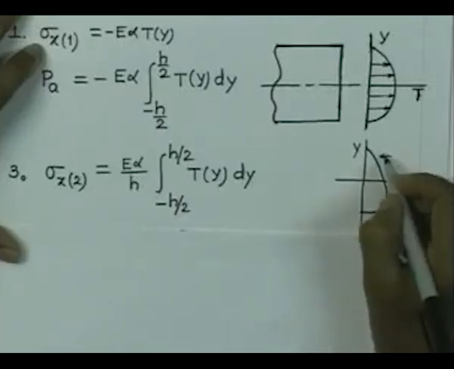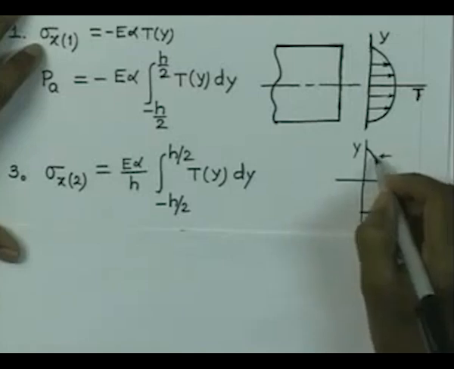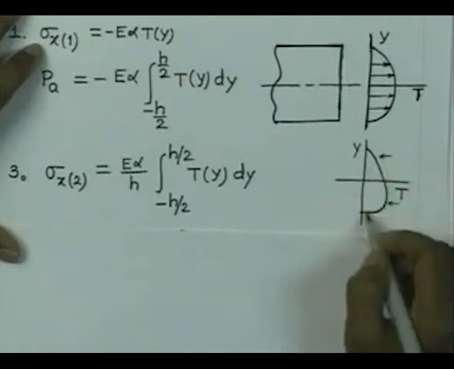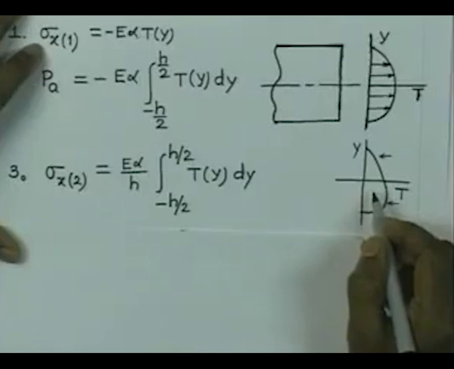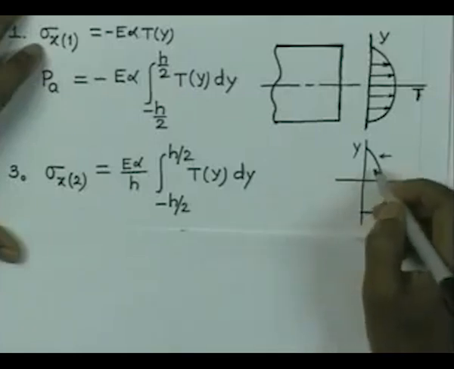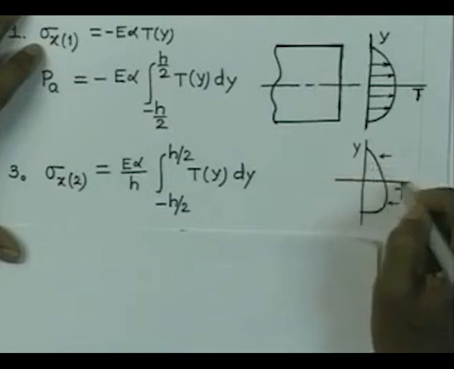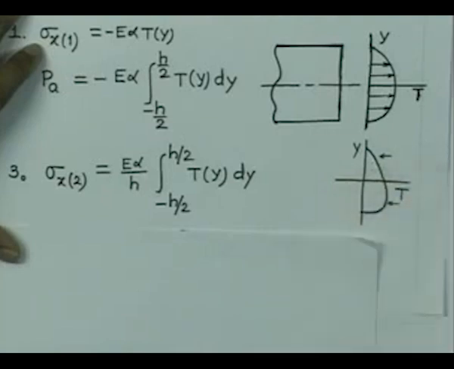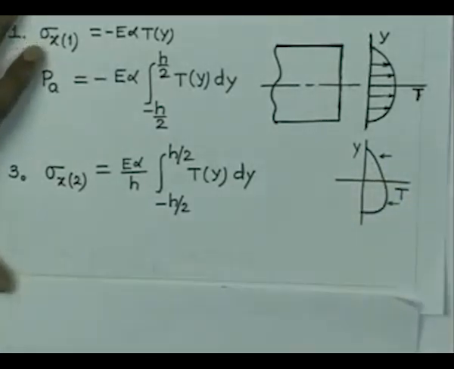So, there will be a moment produced about the center line. So, I repeat that since the stresses are not distributed symmetrically about the center line, you are going to have some moment produced because of the unbalance. So, let us consider what is the moment.